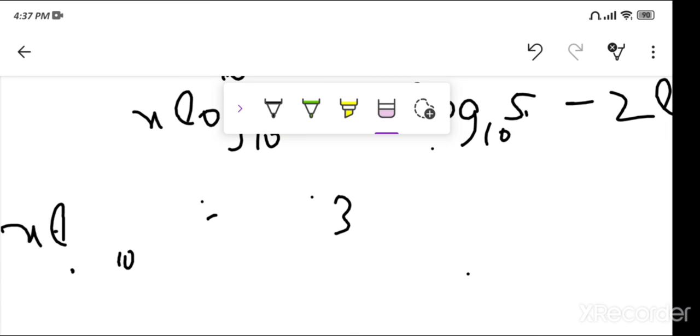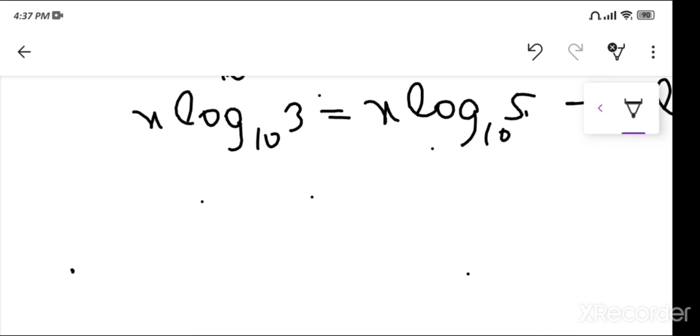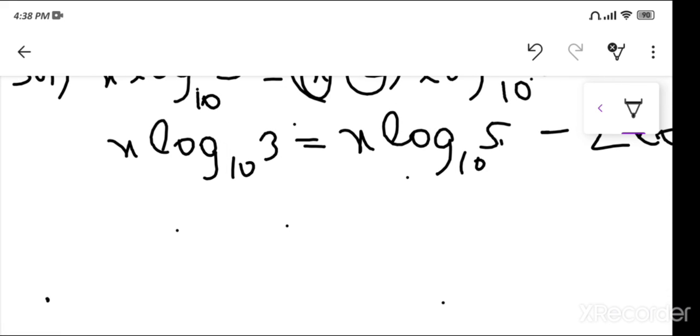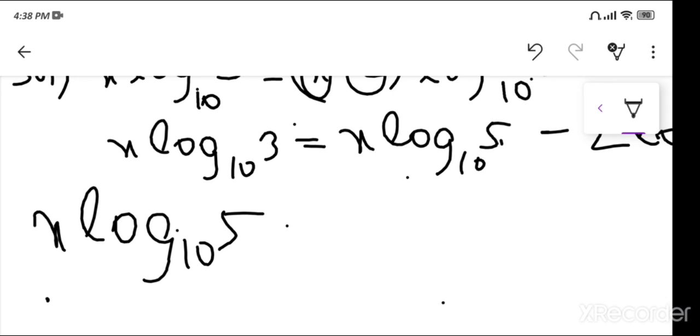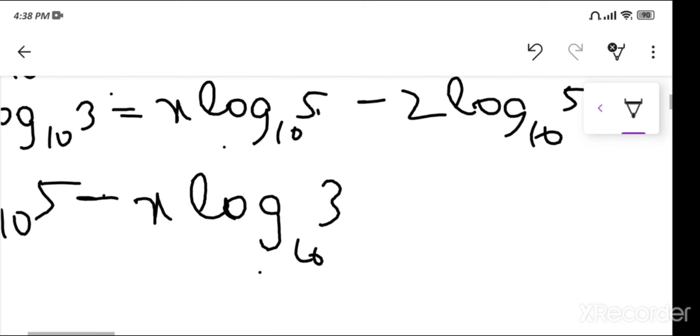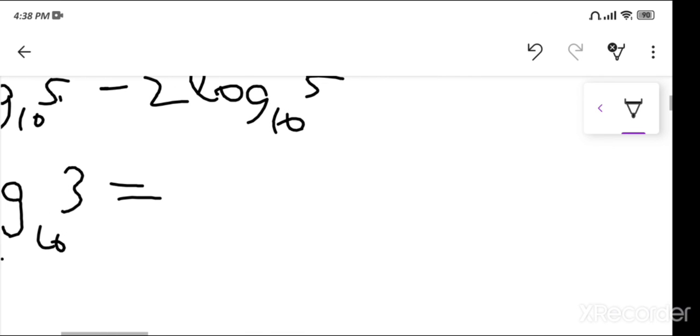Let me write that neatly. x log 5 to the base 10 minus x log 3 to the base 10, and there's one term behind.